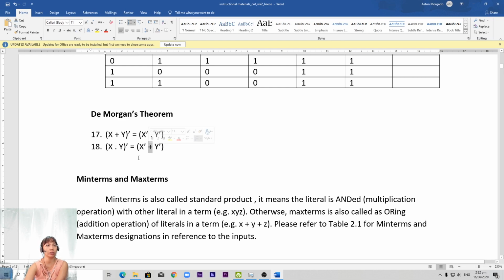So (x times y) prime is equal to (x prime plus y prime). So that's how you do it. You can put the prime inside the parentheses, but you have to change the operator either from plus to dot or dot to plus. Okay, I hope you got it.